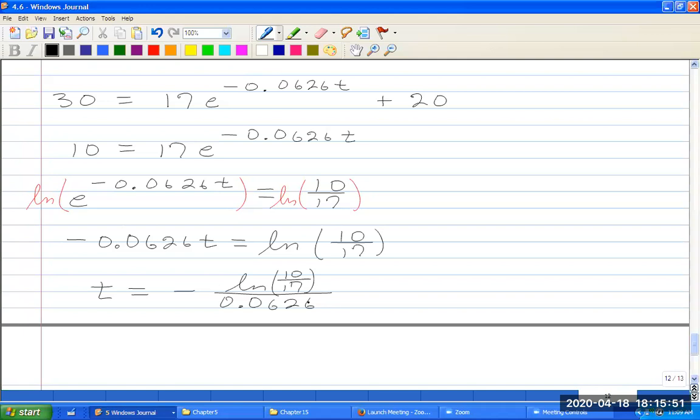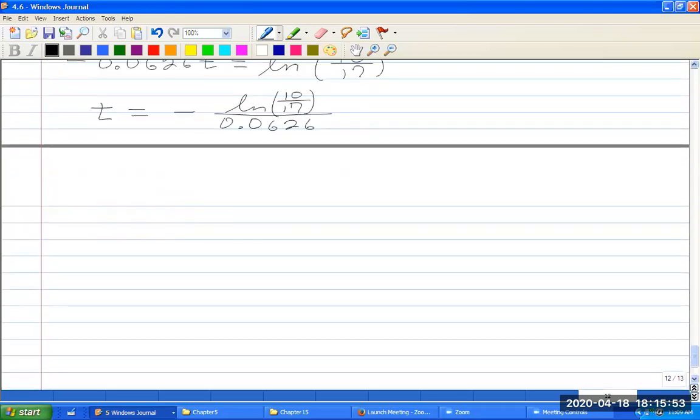Okay. So, plugging that into my calculator, I get t is equal to 8.476634 hours.